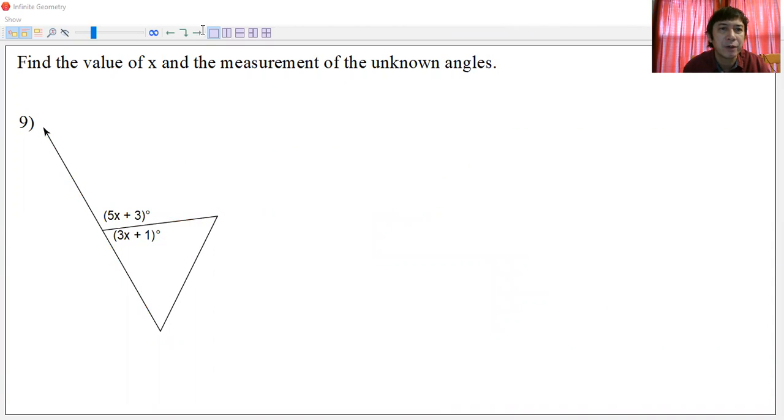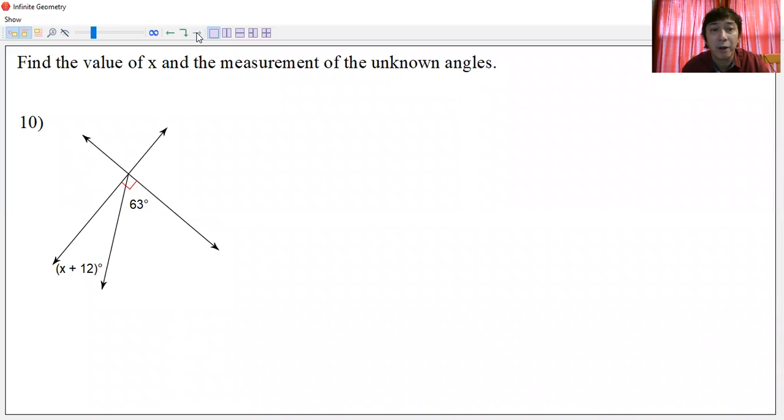Here is our number 10. The two angles total 90 degrees, so they are complementary.